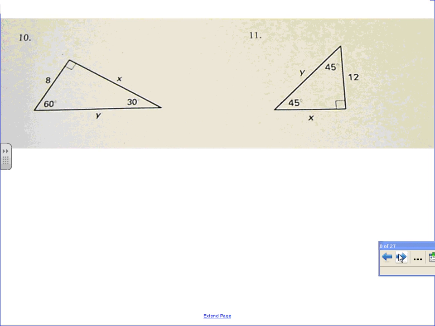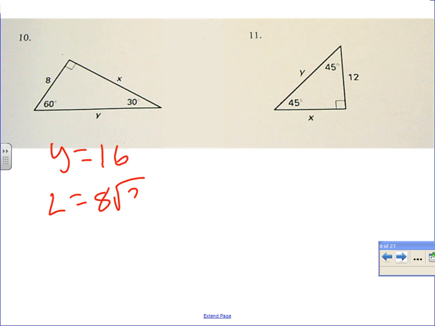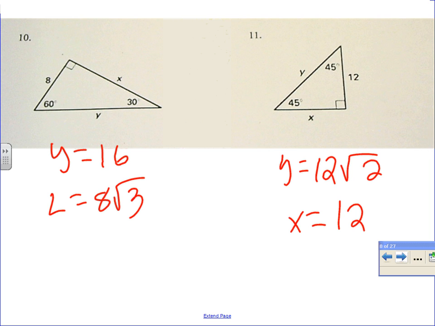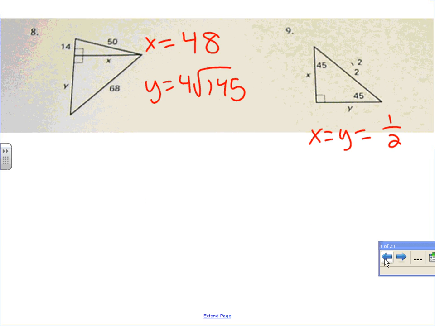Number 10, y is 16. The long side is 8 square root of 3. Number 11, the hypotenuse, which is y, is 12 square root of 2. X, which is the short side, the leg, is 12 because they're going to be the same.